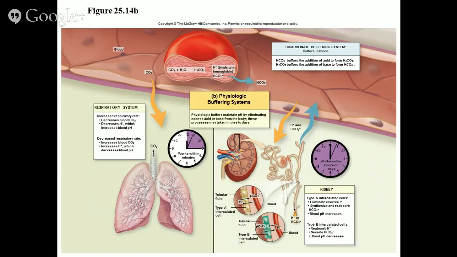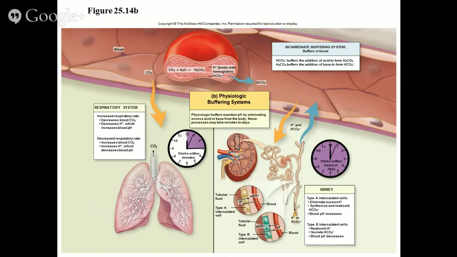Therefore, the area becomes less acidic and closer to the pH range that we're looking for. If we want to decrease the respiratory rate so we can decrease blood pH, because maybe our blood pH has gotten too high, we avoid all types of different complications and disorders.